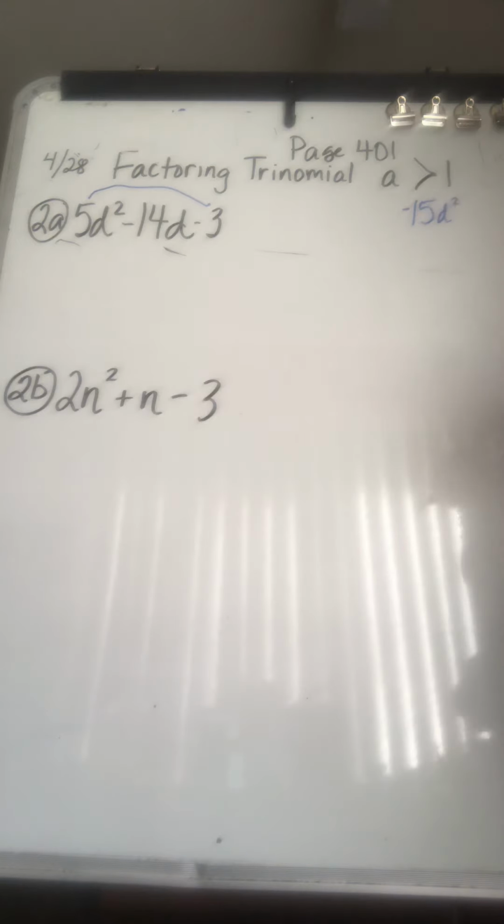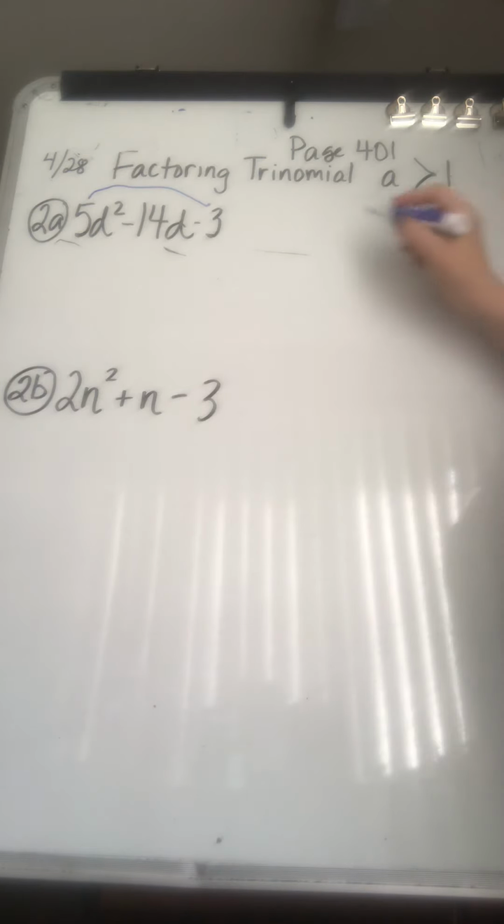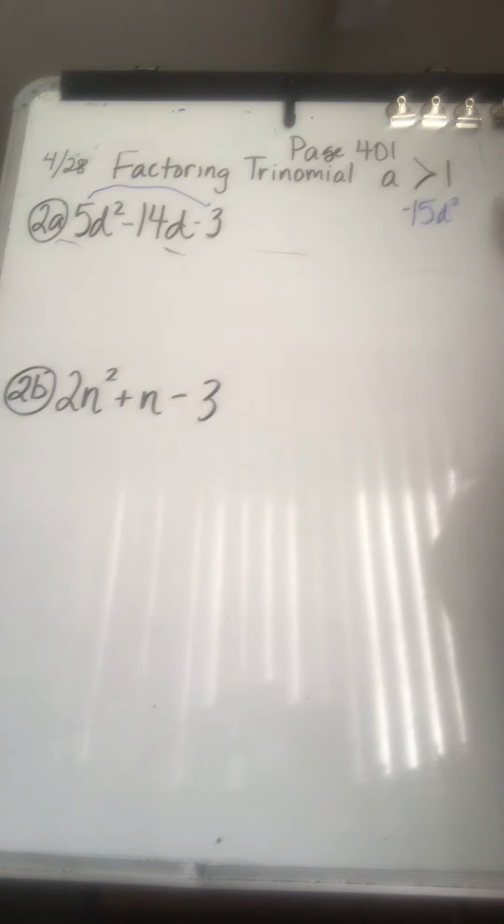I haven't really included the d squared because we really don't use it right this second. I need factors that equal -14. I'm going to need a negative and a positive because that's the only way to get a negative when you multiply it.